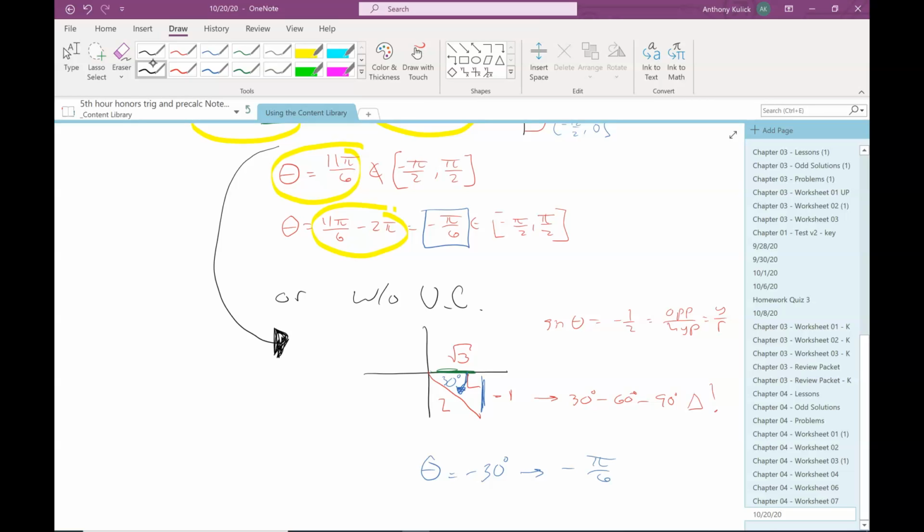So the advantage here is I didn't have to really find anything coterminal. I was able to go immediately into my negative pi over 6 answer without having to find a coterminal angle, which is fine. Or you could do it the other way. Either is fine. They both work. Let's do another.